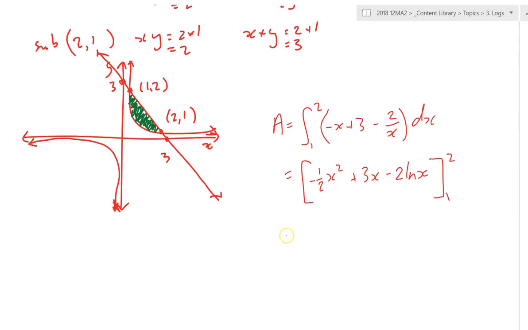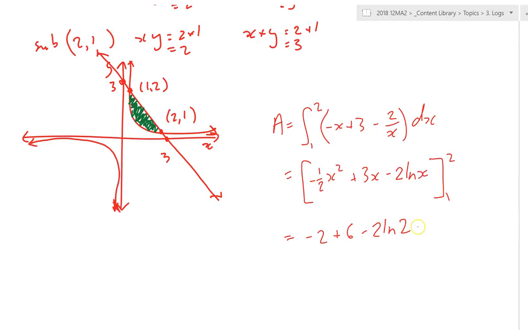Now I just need to substitute in. First of all, the 2 goes in. 2 squared is 4, half of 4 is 2, so I get negative 2. I get plus 6, minus 2 log 2. I can't simplify that very much. You'll see I still prefer the ln just because it's faster.